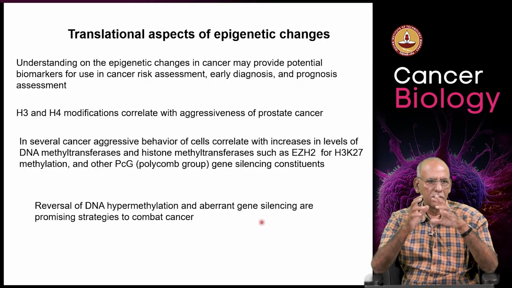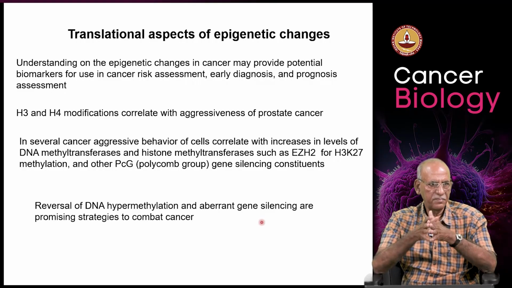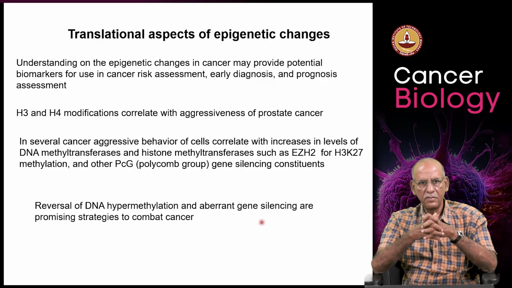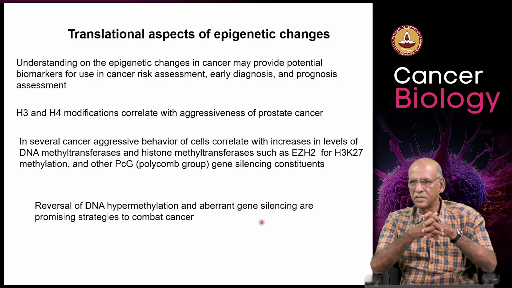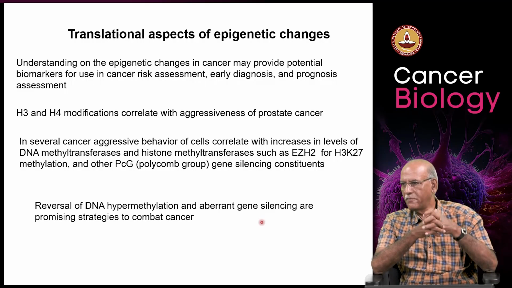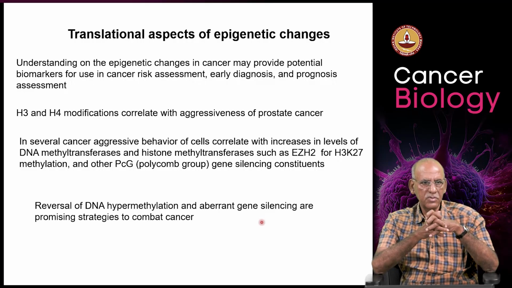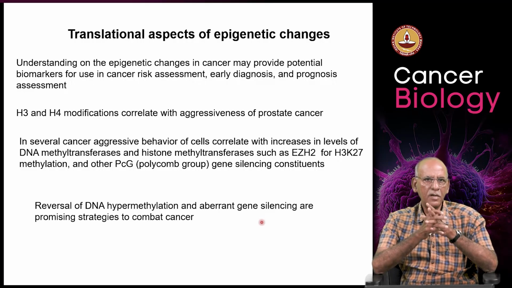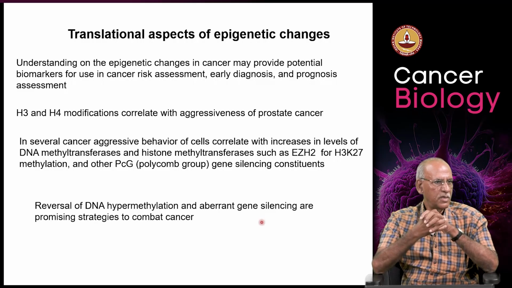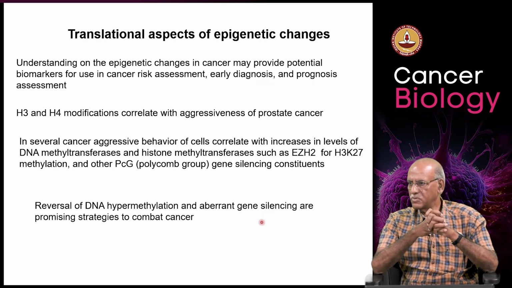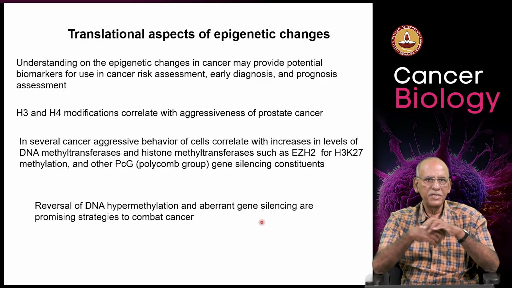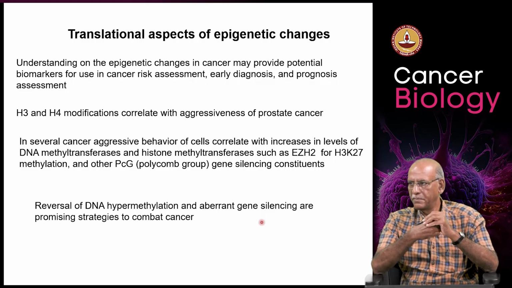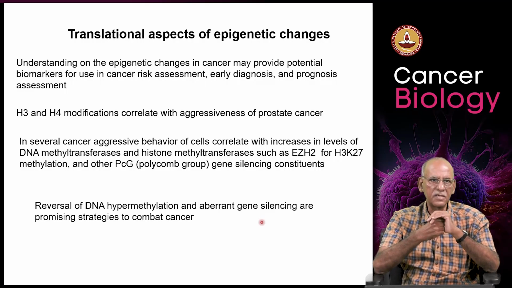You want to know whether a cancer will progress. You want to see whether there is progress in the treatment. After treatment, what is happening? So, you want to look at that, or ultimately you want to see what are the risk factors involved. So, for all these processes, epigenetic changes might help. They may play a role, that is what it says.